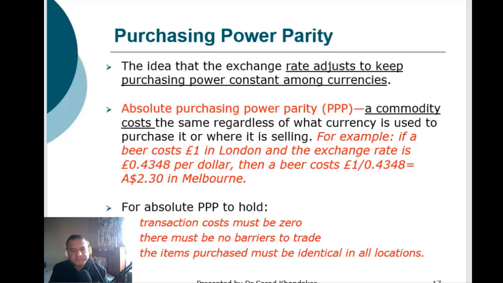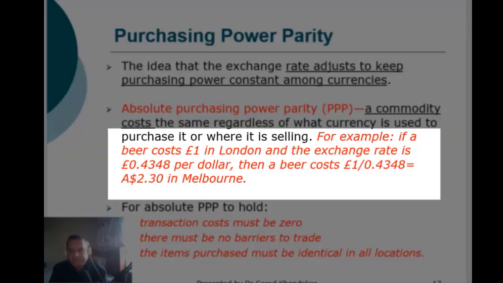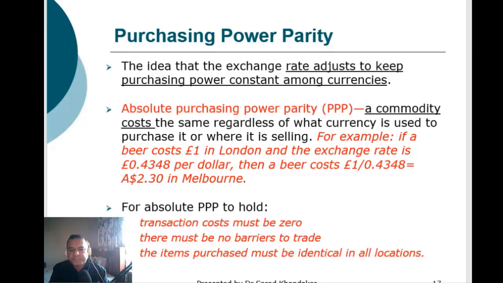For example, if the beer costs £1 in London and the exchange rate is 0.4348 per dollar, then the beer costs £1 divided by 0.4348, which is equivalent to $2.30 in Melbourne. So a beer which costs £1 in London should cost $2.30 in Melbourne, and that is called the absolute purchasing power parity.